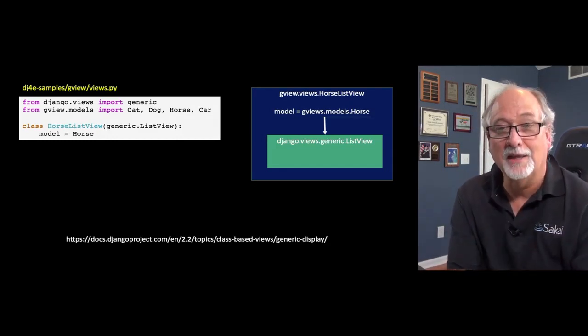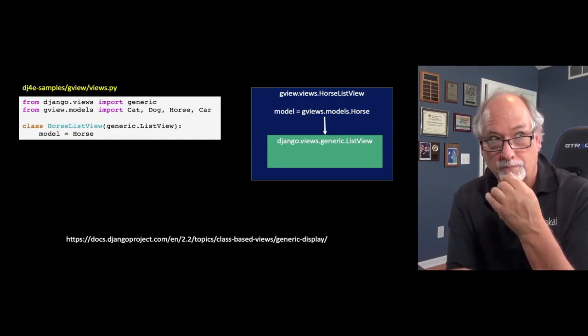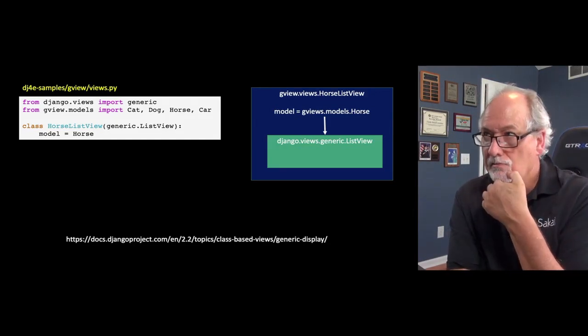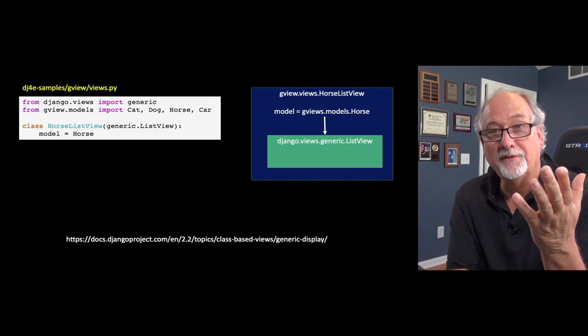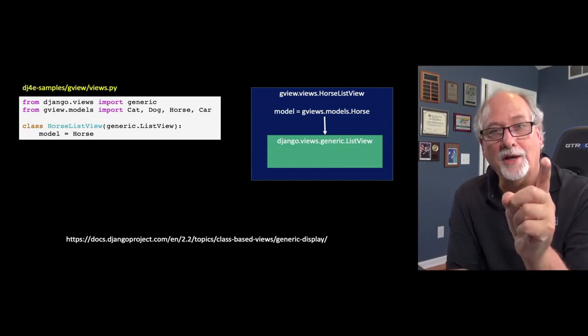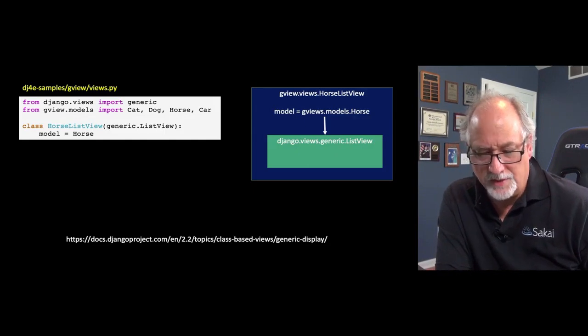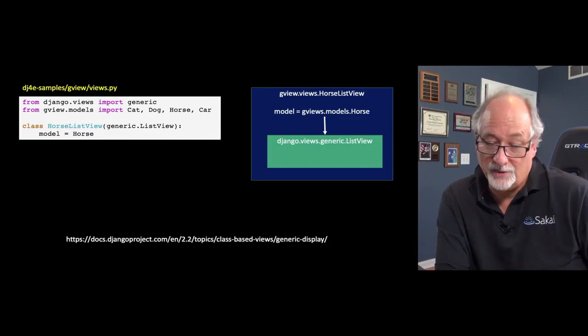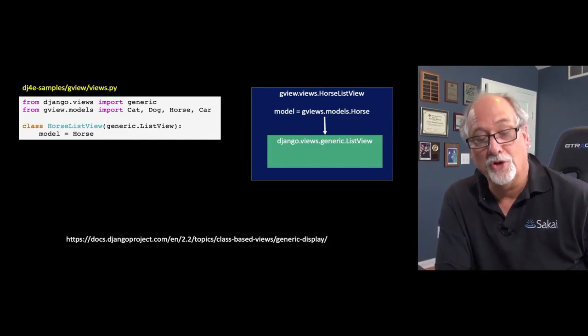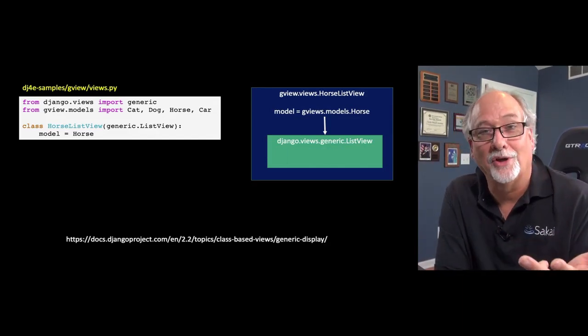So the fact that I give you 4 different ways to do this, maybe 5, 4 or 5 different ways of doing this. The real way to do it is one way, but when you look at code like that, you're like, HorseListView is extending generic ListView and the model is Horse. I'm trusting a lot. And the answer is, yeah, you get used to it. And now the code you have to write is only 2 lines of code.